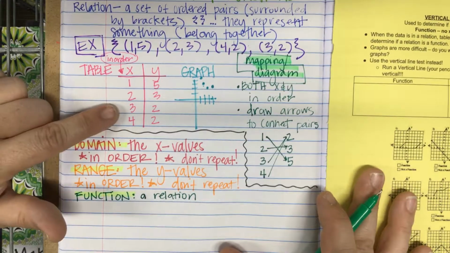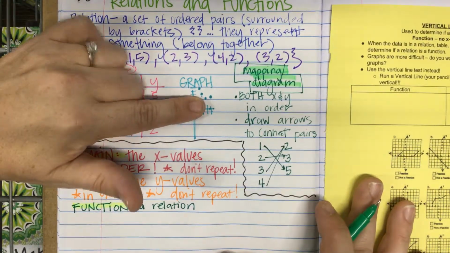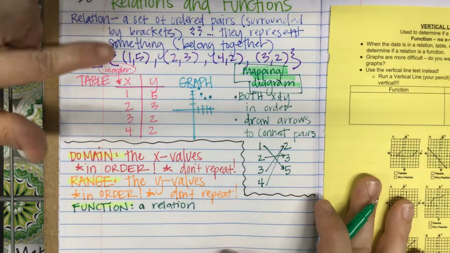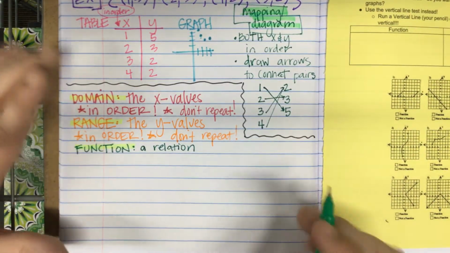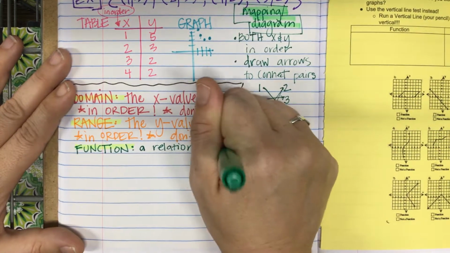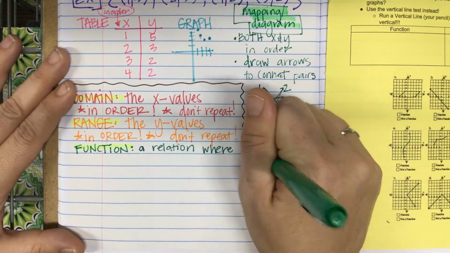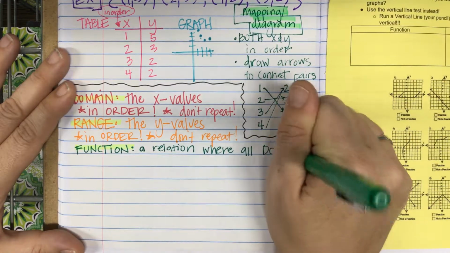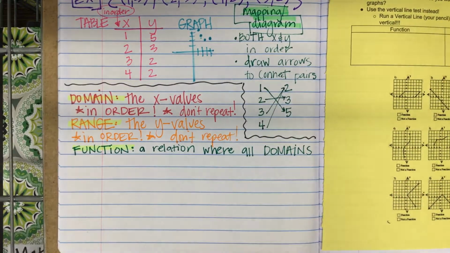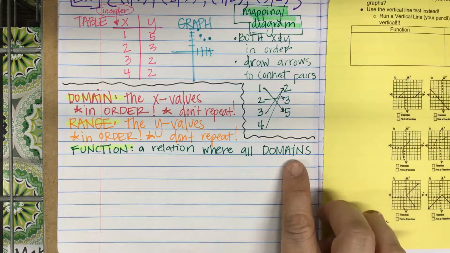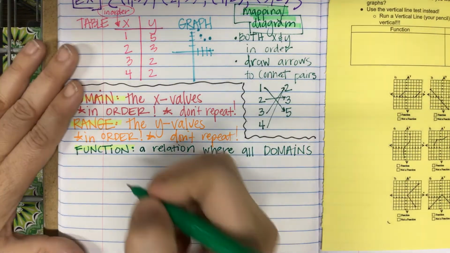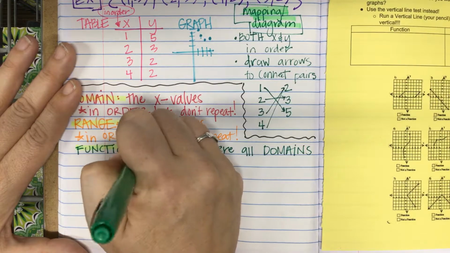Or maybe it's a table, or a graph, or a mapping diagram, right? There are 4 ways to show these. A function is a relation where all domains, what are the domains? X values, are different.